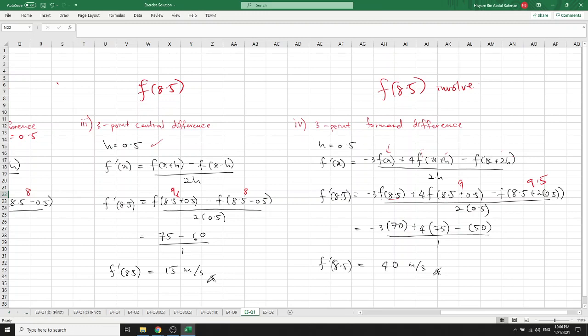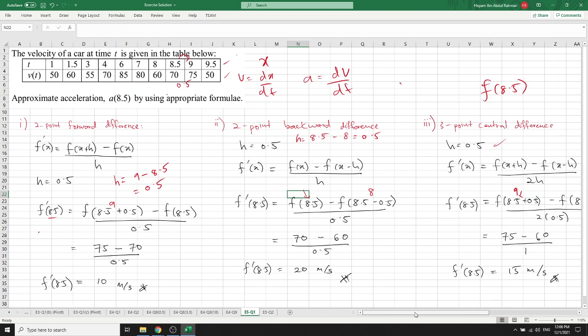Is there any data for 9.5 in the table? You can see the data is available. Sometimes you want to use forward, but the data only goes up to 9, which means we cannot use this method. Since the data is available, we can use this 3-point.